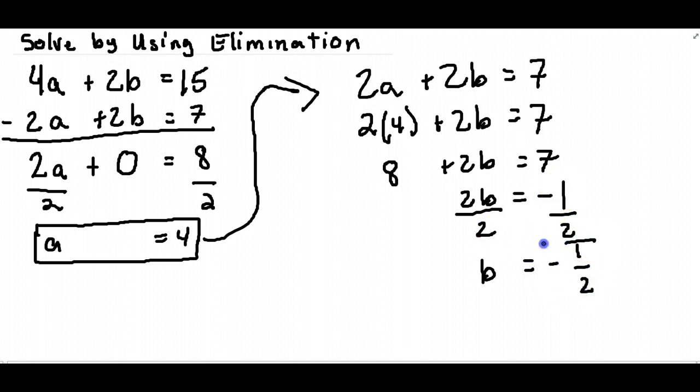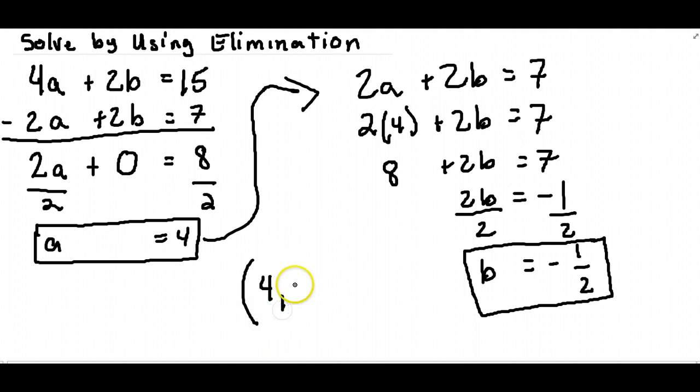So now we have our a value and our b value. So we can say the solution is (4, -1/2). And that is our ordered pair where these two equations intersect if we were to graph them.